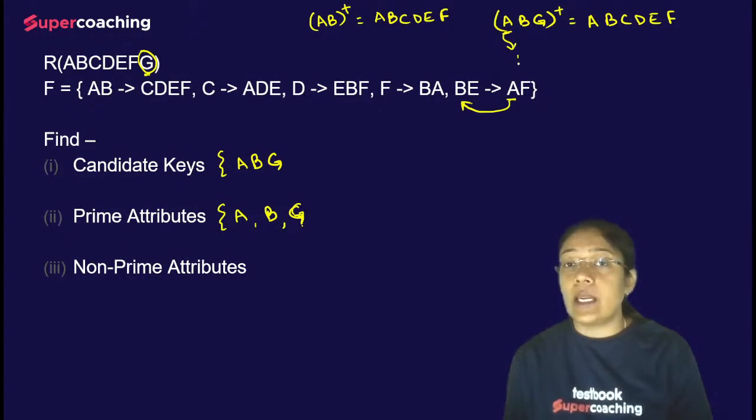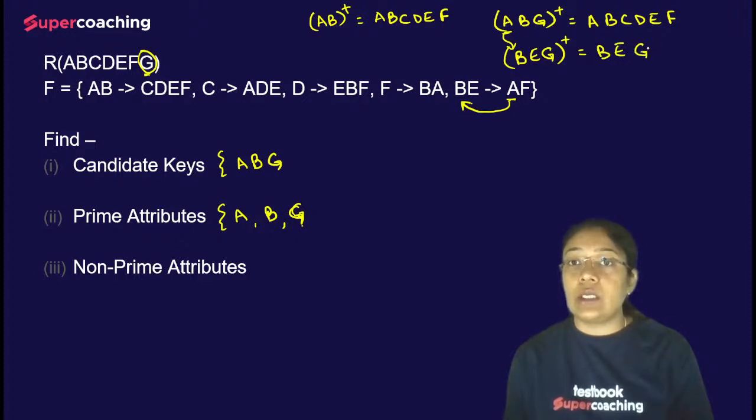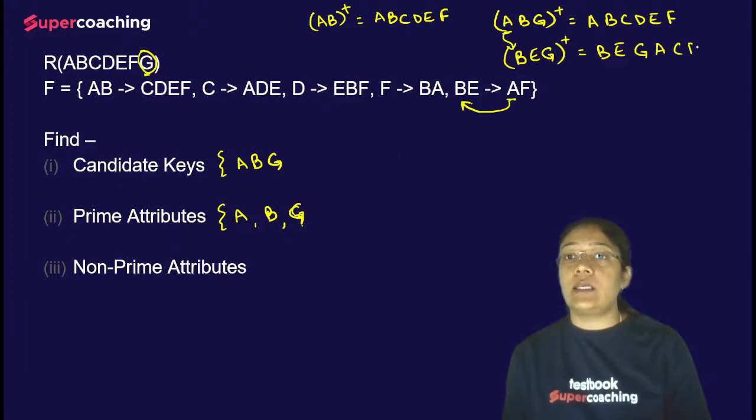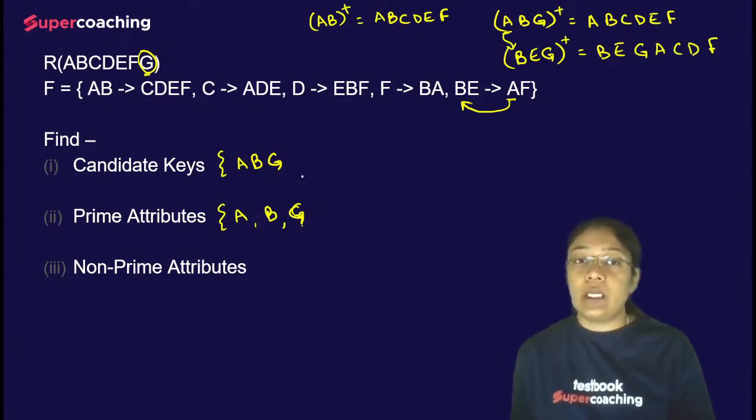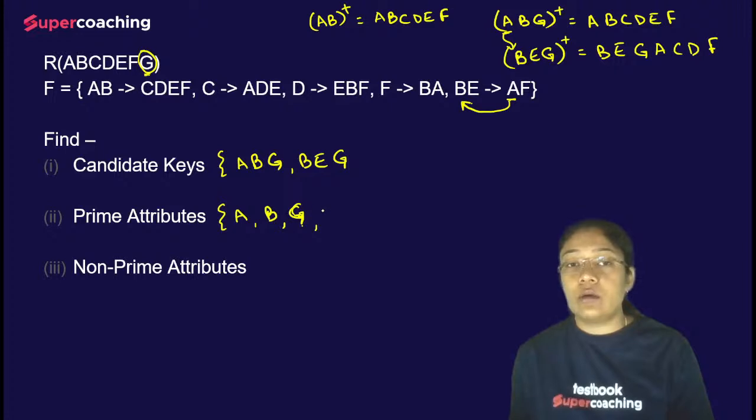So here we'll get BE, B is already included, G. We'll find out BEG closure. So it is BEG, and it's determining A. A is determining C, D and F. Right? So BEG is another candidate key. So here we are getting one new attribute, that is E.